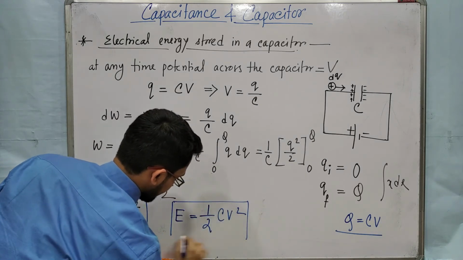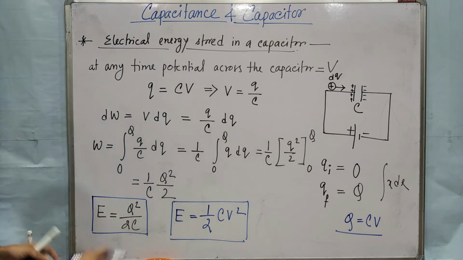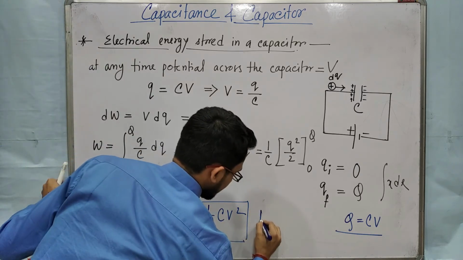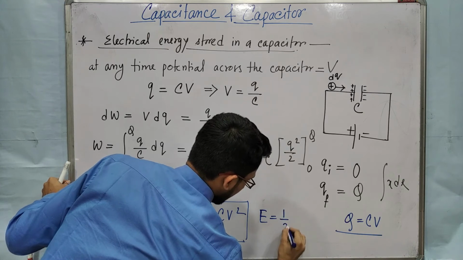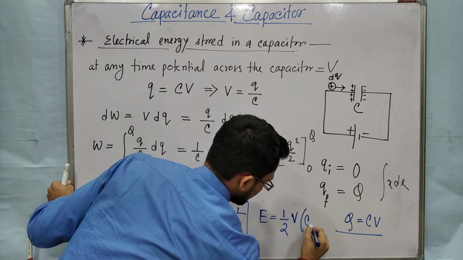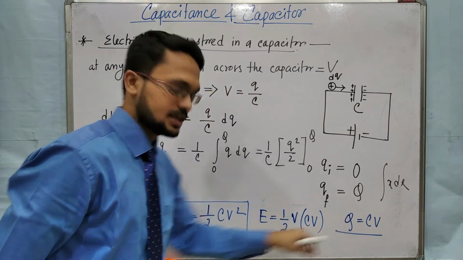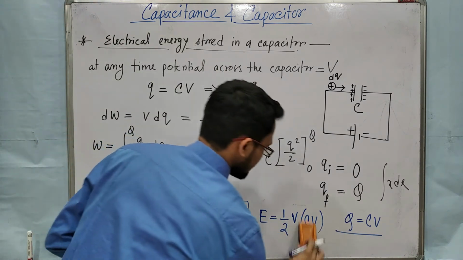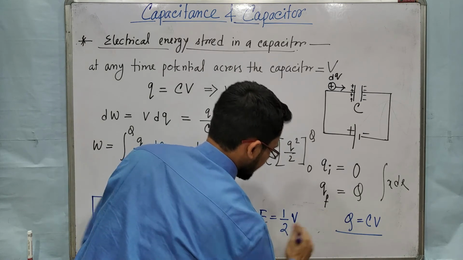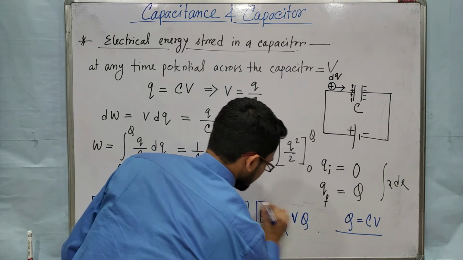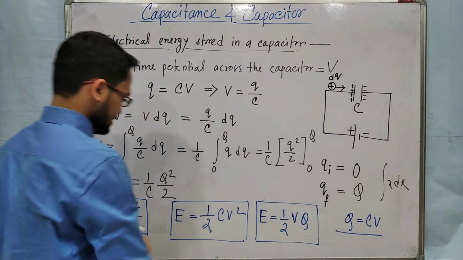This is another relation. Another relation, E equal to half into CV into V. In place of CV we can put Q. So it will be half V into Q. This is another relation. So these are the three relations.